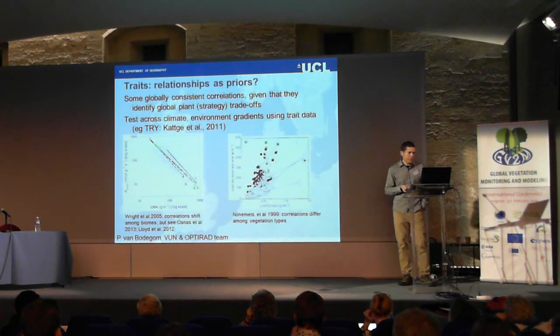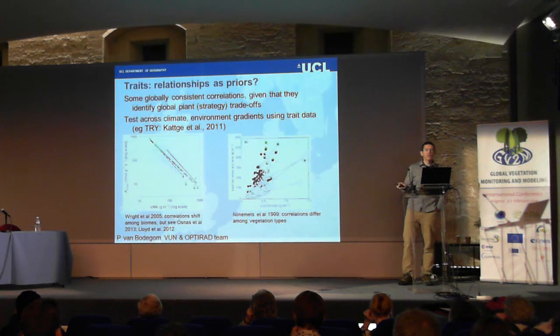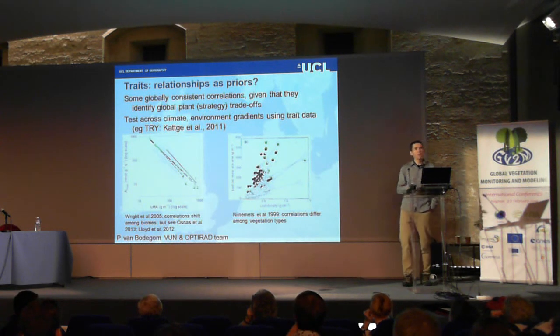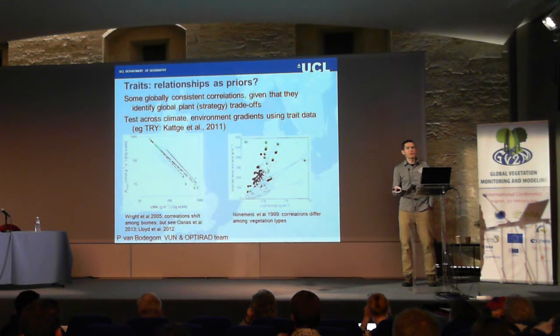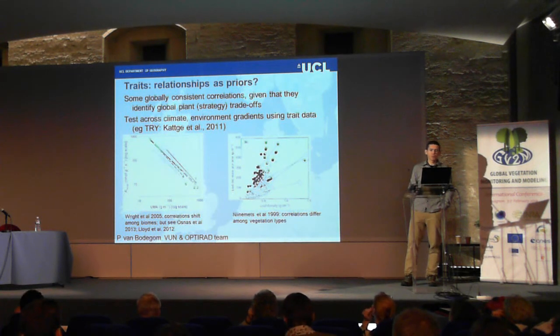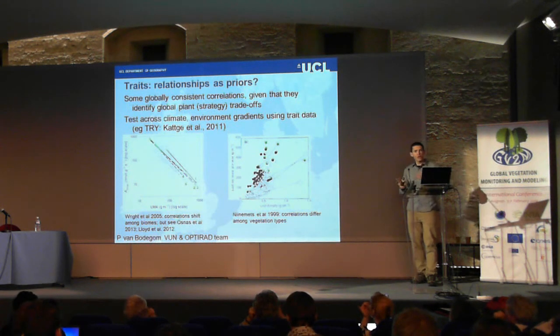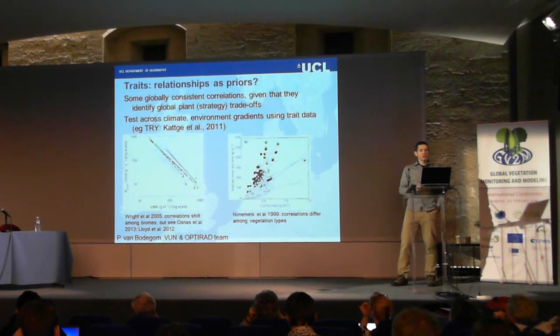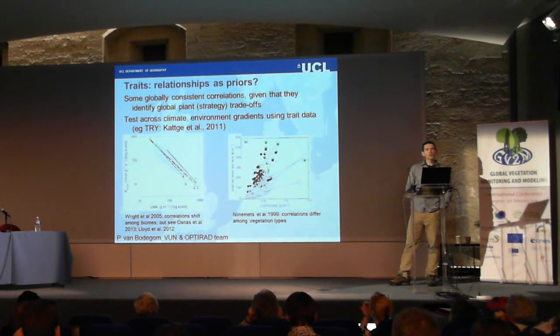So to reiterate that, there is quite a lot of information out there. Can we use trait relationships as priors? There are some globally consistent correlations, as Susan and Jens showed already this morning, that represent these kind of adaptation, acclimation, evolutionary trade-off strategies that might well allow us to make some quite strong constraints on some of our priors, and that's something that we should be thinking about in a data assimilation scheme.